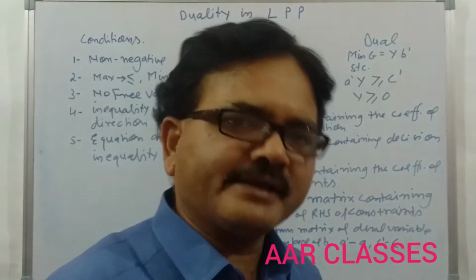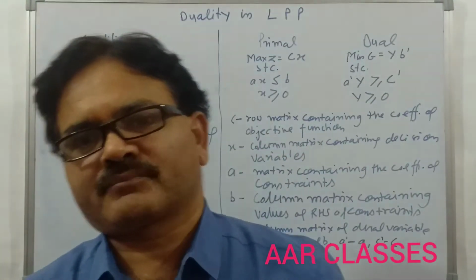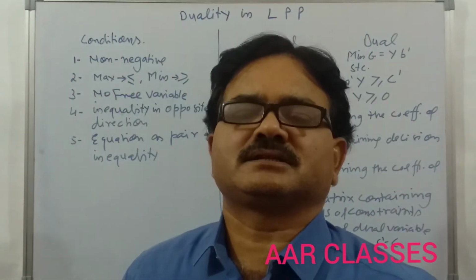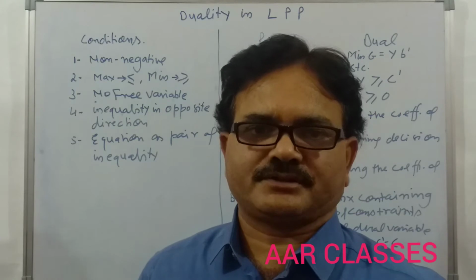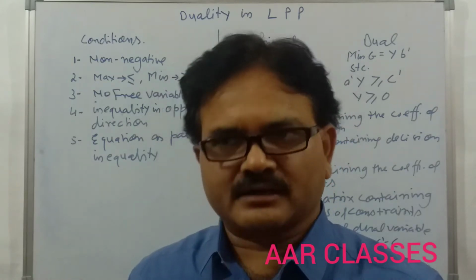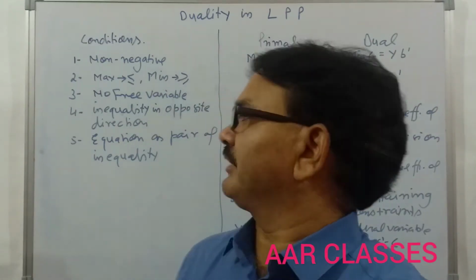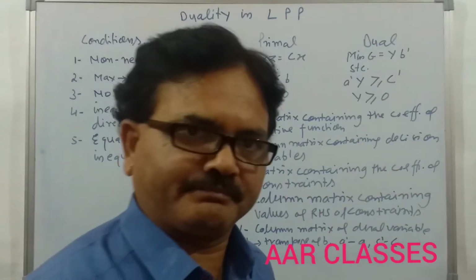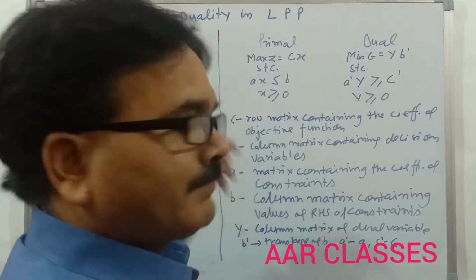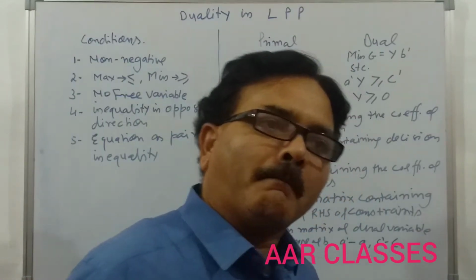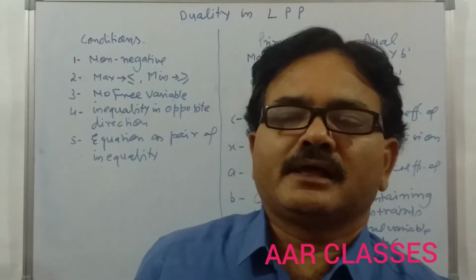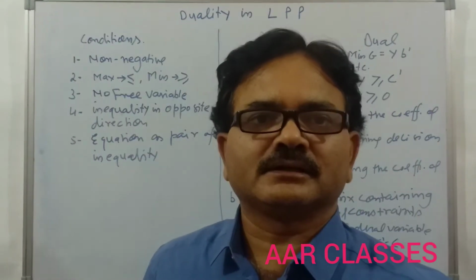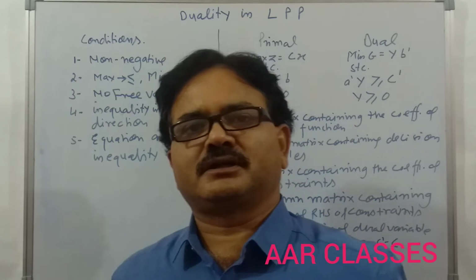What is desired here is that all maximization problems must have inequalities of less than or equal to type. All minimization problems must have inequalities of greater than or equal to type. This is condition number 2.